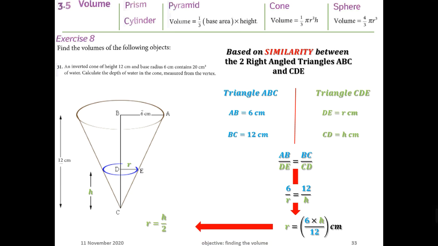Accordingly, if we simplify it, the 6 is going to be cancelled with the 12, so it's going to be 6 over 2. So R is equal to H over 2.